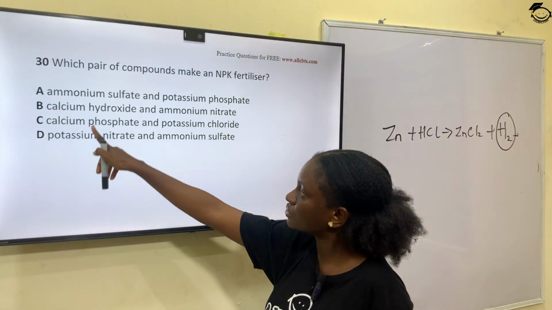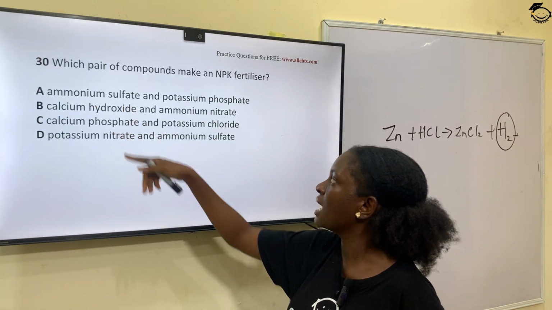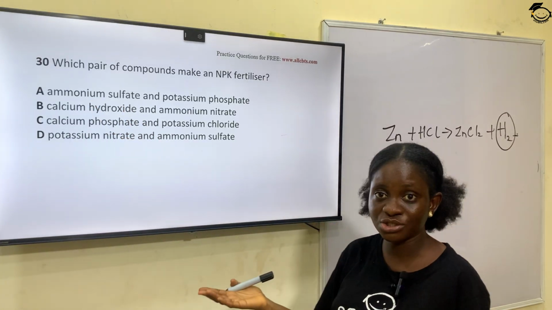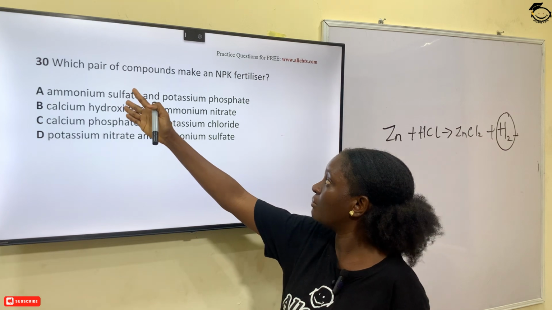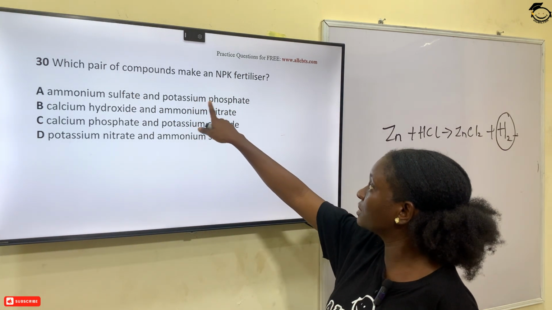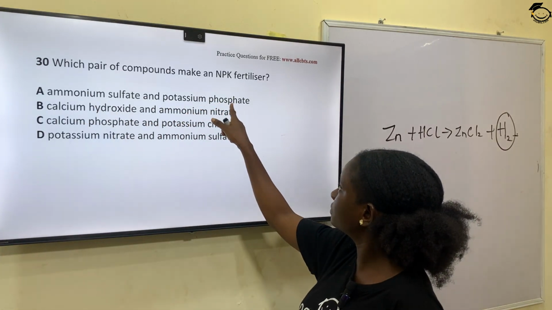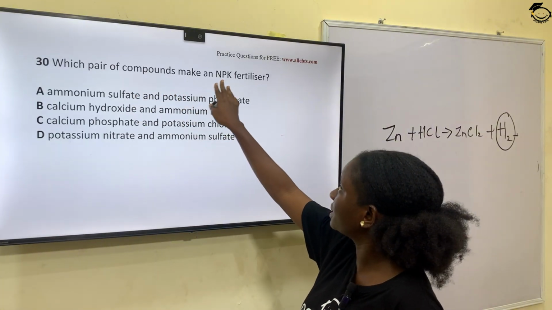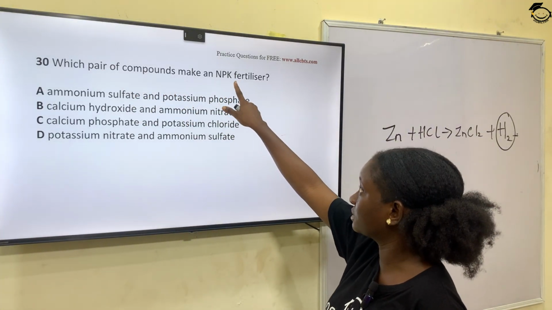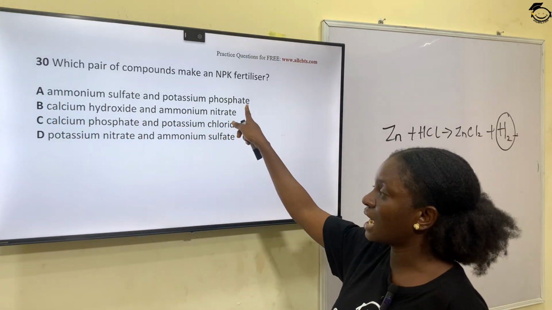From the options listed here, we have ammonium sulfate. Ammonium sulfate has nitrogen present in the compound. Then potassium phosphate, we have potassium, then phosphorus. So this is complete. You can see that this is the pair of compounds that make nitrogen, phosphorus, and potassium. That makes option A the correct answer.